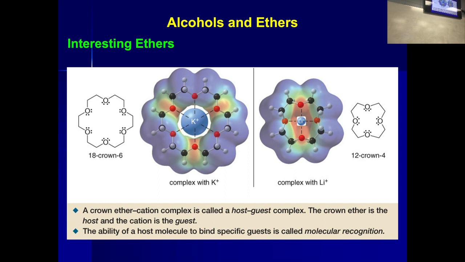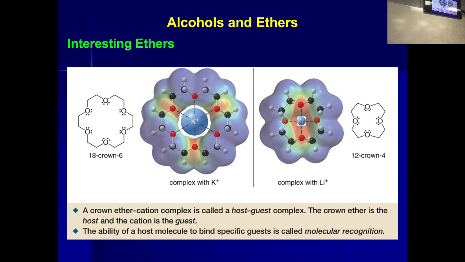This is, I think, where we left off, where we were talking about some interesting ethers. We had talked about interesting alcohols, and now we're moving into ethers. What's interesting about these are called crown ethers. Anybody tell me why we call them a crown ether? Yeah, it looks like a crown. It's pretty obvious, right?